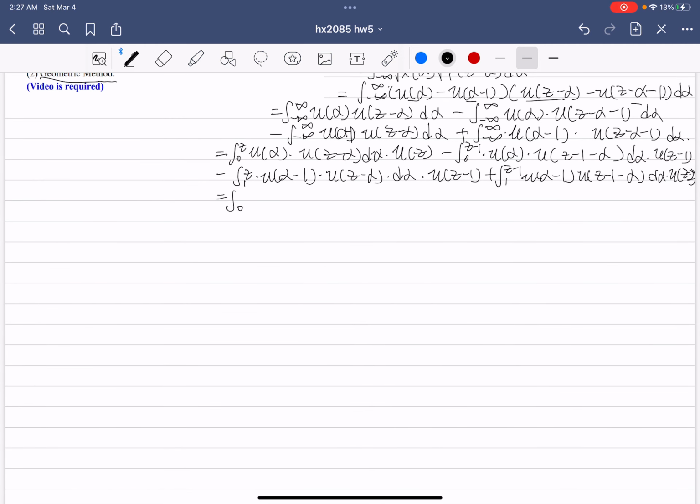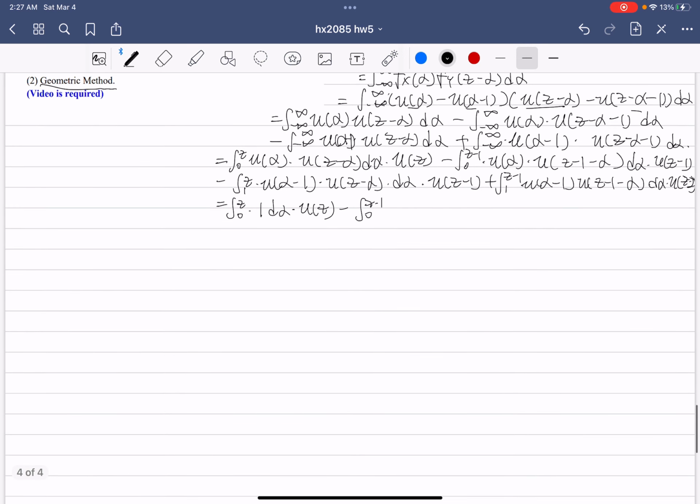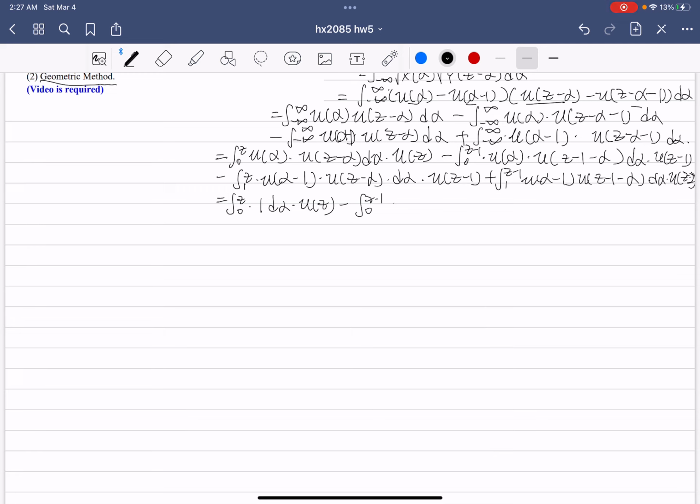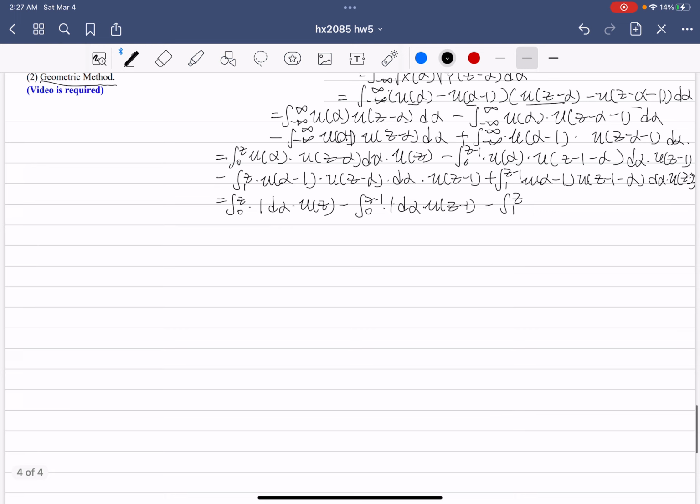Which is the integral from 0 to z of 1 d alpha times u(z), minus the integral from 0 to z minus 1 of 1 d alpha times u(z minus 1), then minus the integral from 1 to z of 1 d alpha times u(z minus 1).